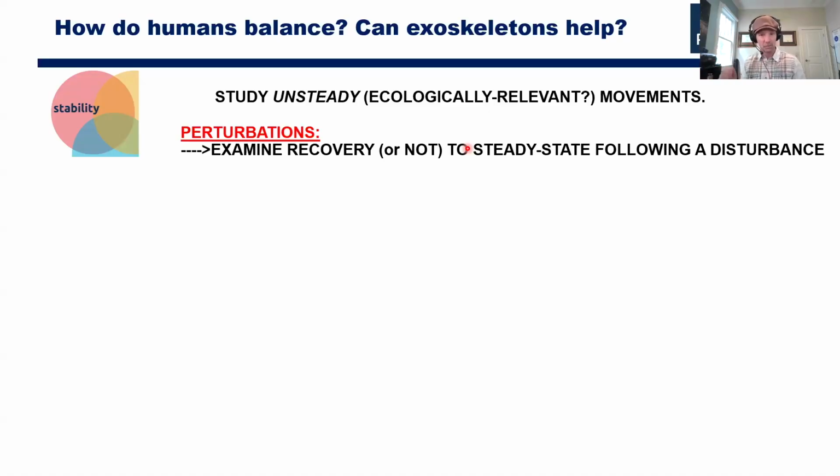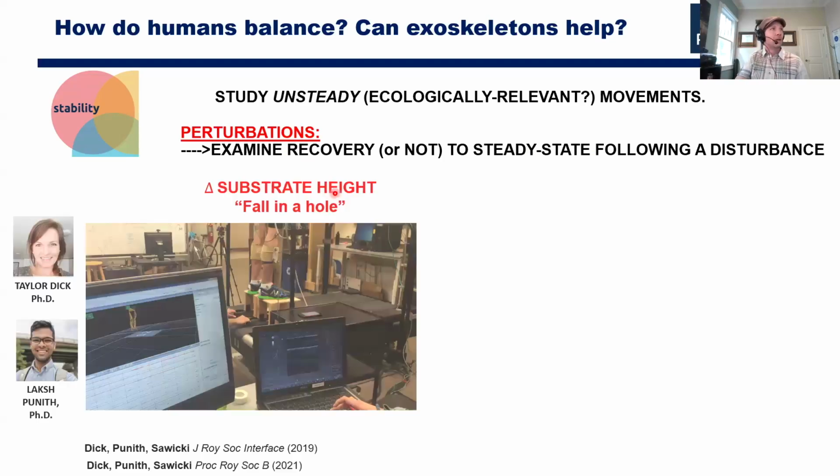And now we finally have the tools where we can do this. But if we really want to understand balance and stability, we've got to push on the system or give it obstacles or other challenges that push it out of its steady cycle.